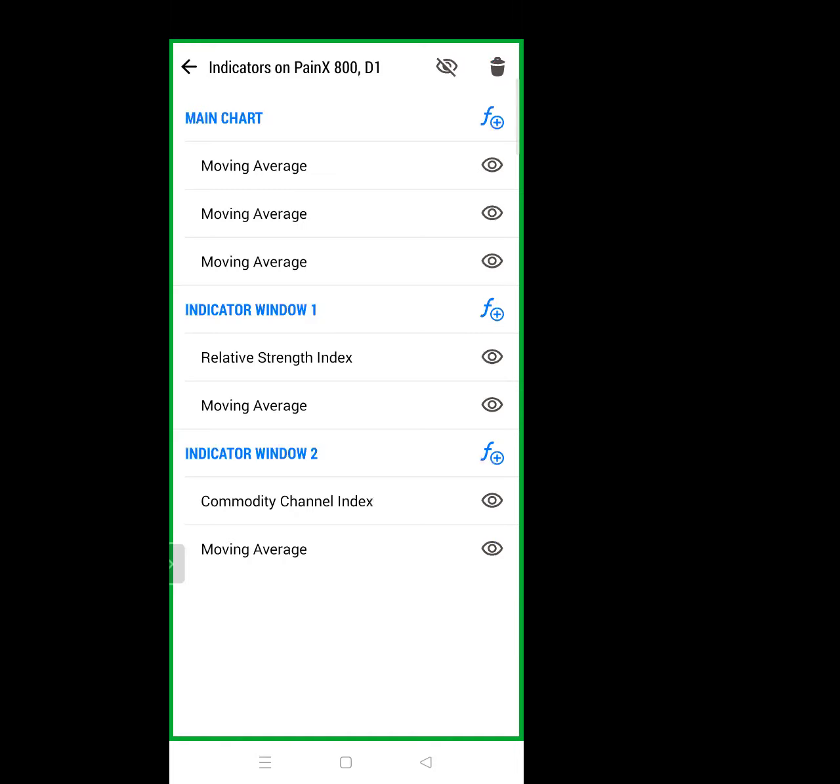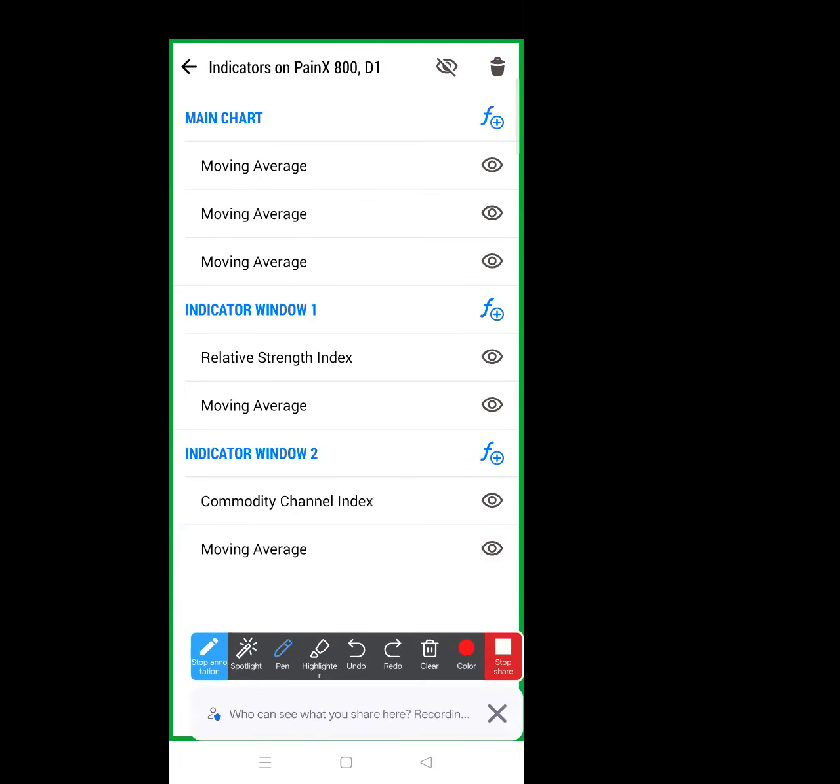Now, this time that you want to add moving average, you are no longer going to use the main chart. This is where you will now click window 2, indicator window 2. You click on the F plus to add moving average.